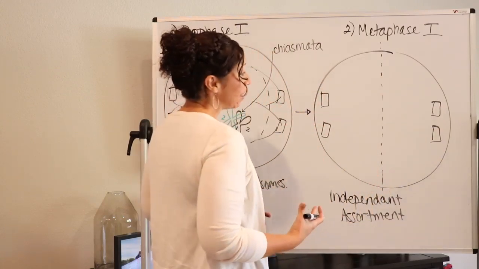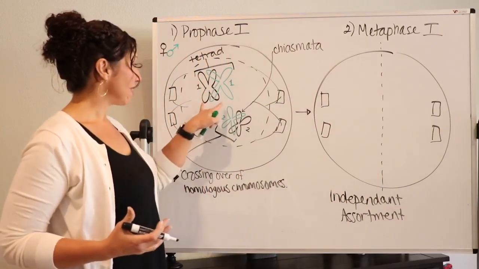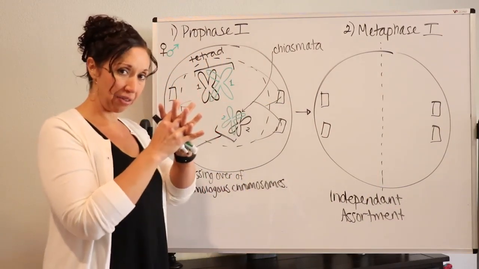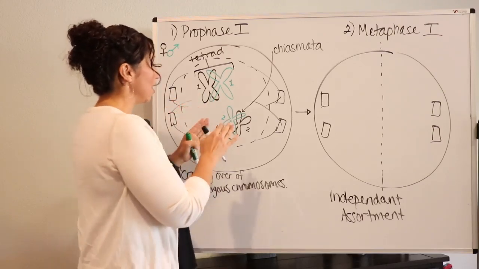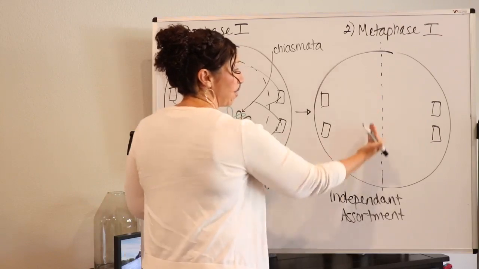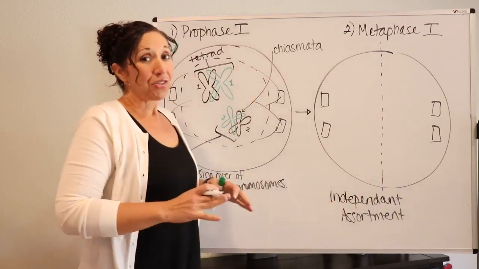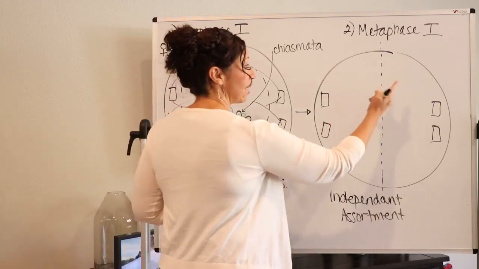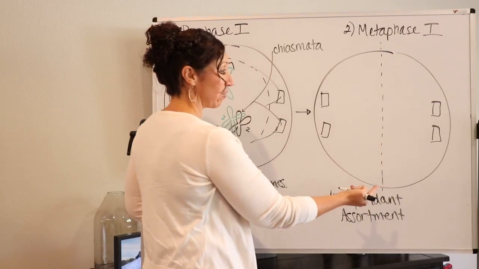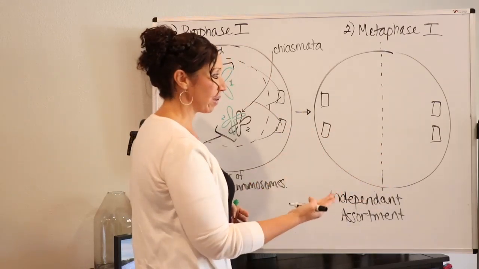But during metaphase 1, these tetrads are so interlocked together because they're crossed over each other. Who's to say that all the mom chromosomes have to go on this side and all the father chromosomes have to go on this side? There's no rhyme or reason to how this actually happens. So you're going to get all these tetrads lining up along the metaphase plate, but you have no idea who's going to go on what side of the metaphase plate.